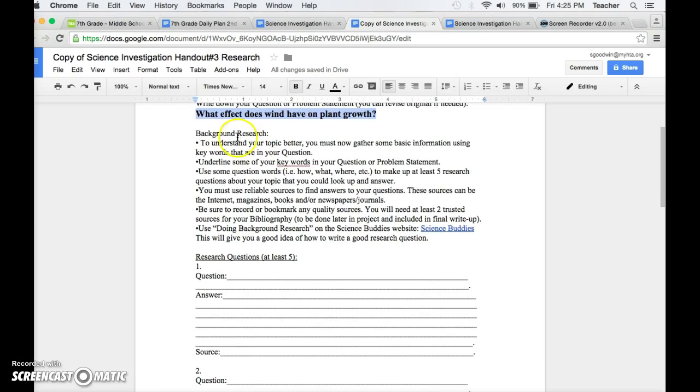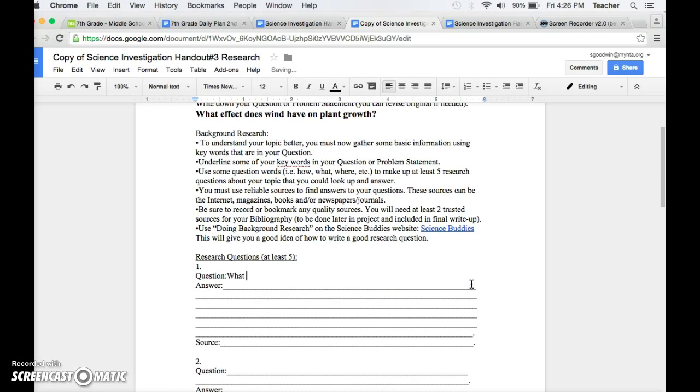Now we get down here, and as you read through how you do background research, it starts with some general questions. How, what, where, just some basic questions about my project. So I'm just going to put a general question in here and say, how does wind speed affect plant growth?